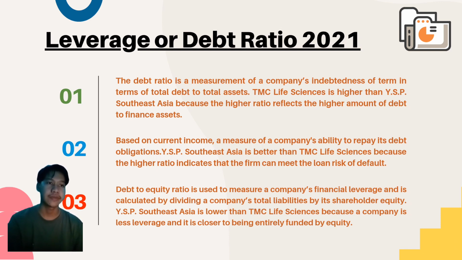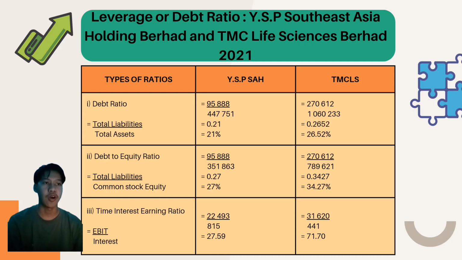Next, leverage or debt ratio 2021. Point number one, the debt ratio is a measurement of a company's indebtedness in terms of total debt relative to total assets. TMC Life Sciences is higher than YSP Southeast Asia because the higher ratio reflects the high amount of debt linked to business assets.